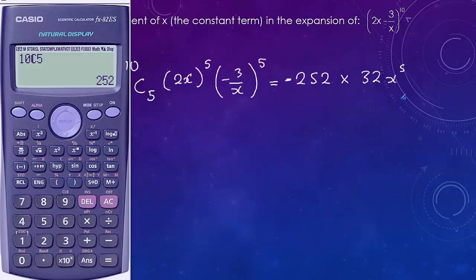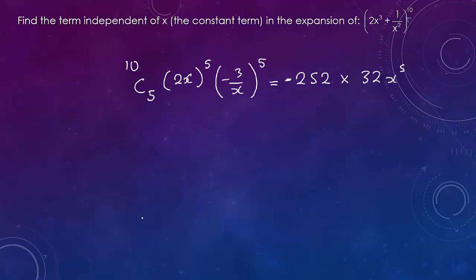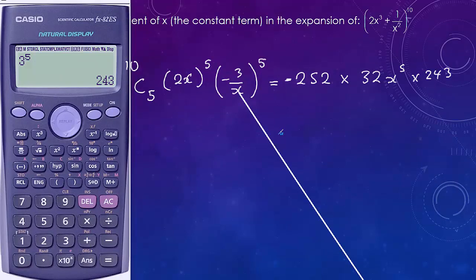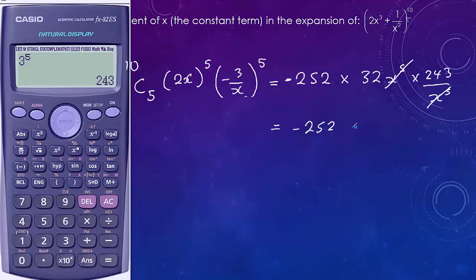Then I've got 3 to the power 5, which is 243, and x on the bottom to the power 5. So that's going to be over x to the 5 there, and then those obviously cancel.